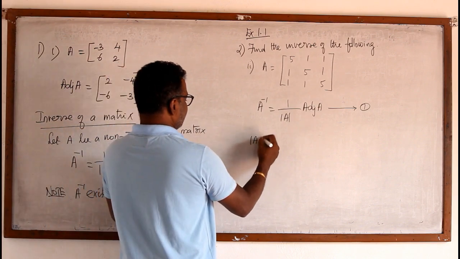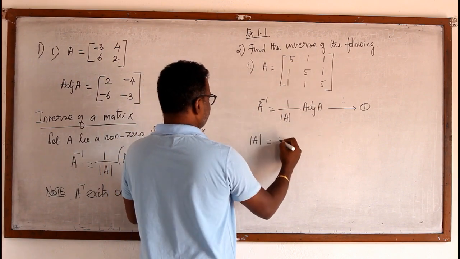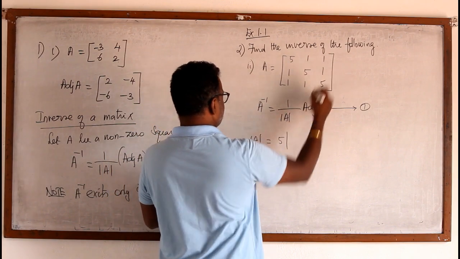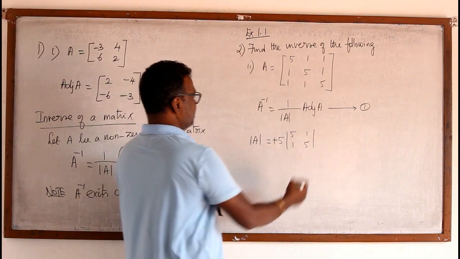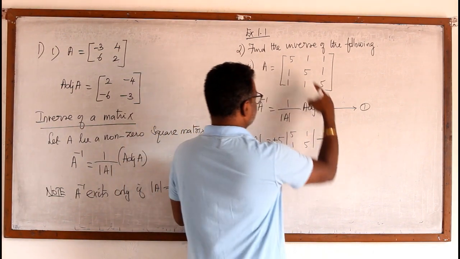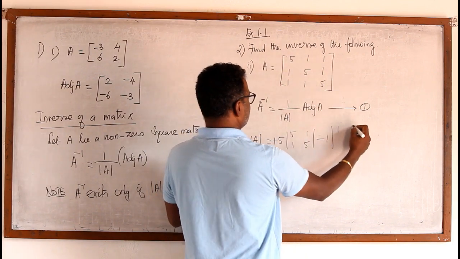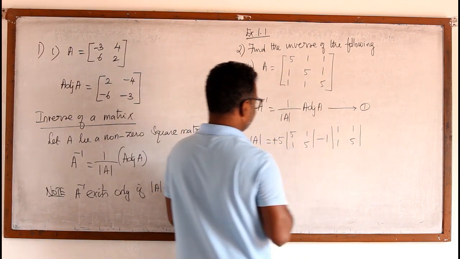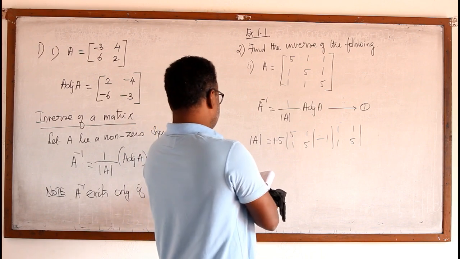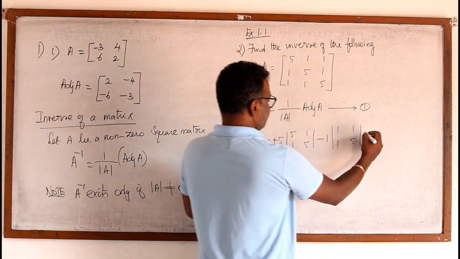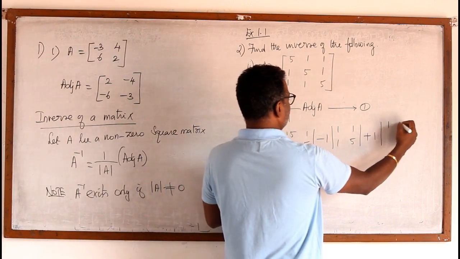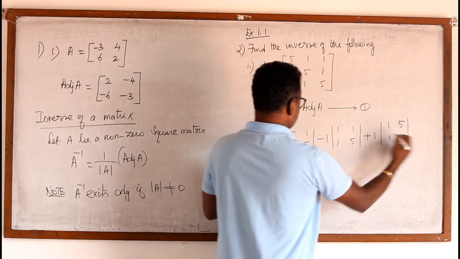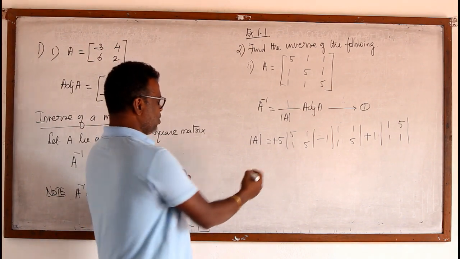So determinant of A. Remember, take this 5, omit the row and column, it is 5 1 1 5, so plus 5. Then minus 1, omit the row and column, it is 1 1 1 5. Then plus 1, omit the row and column, it is 1 5 1 1. We studied in our last class how to find the determinant.